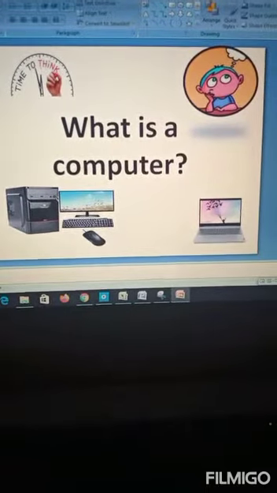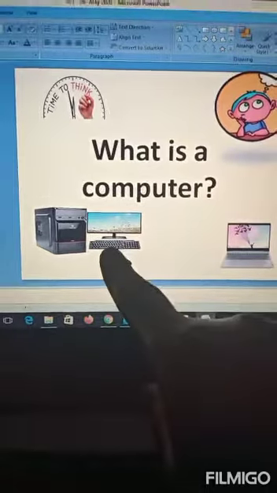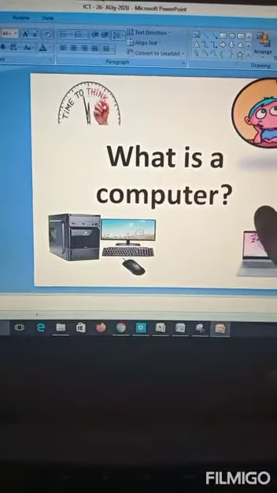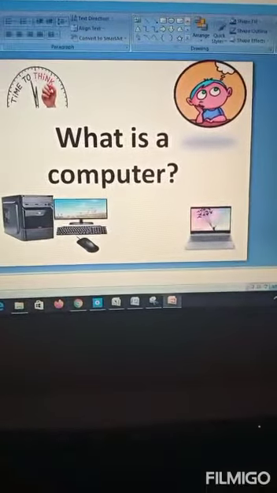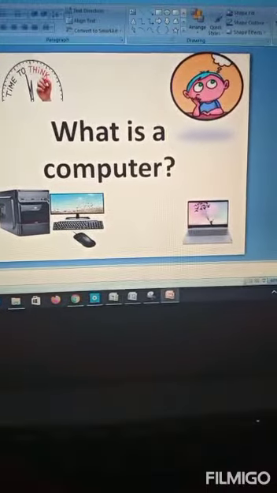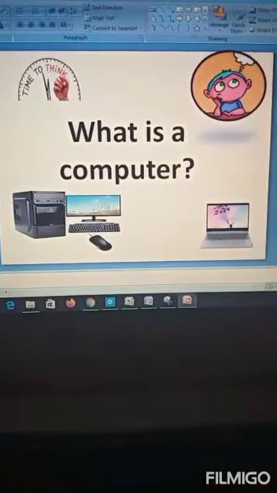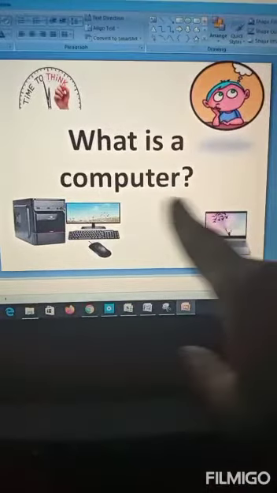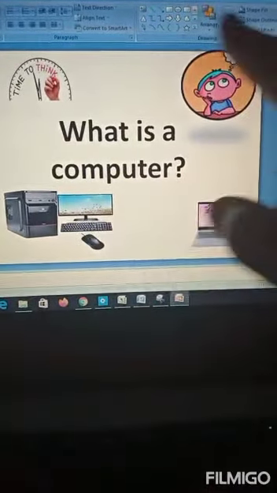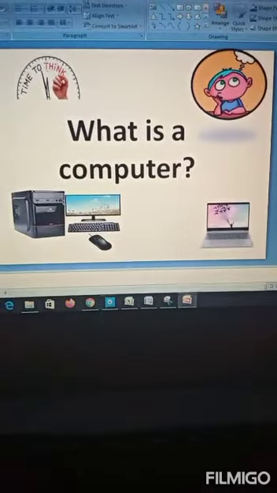So computers are everywhere because the desktops and the laptops are not only the computers. Whenever we say computers, the laptop and the desktop is something which comes to our mind. Yes or no? Yes, but these are not only the computers. Computers are everywhere, as I said, all around us.